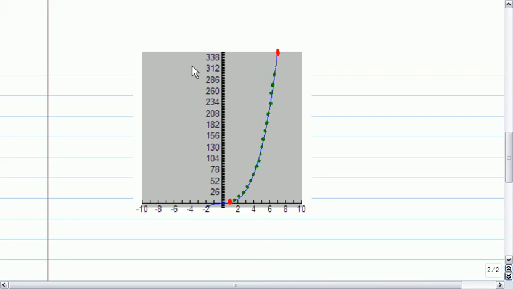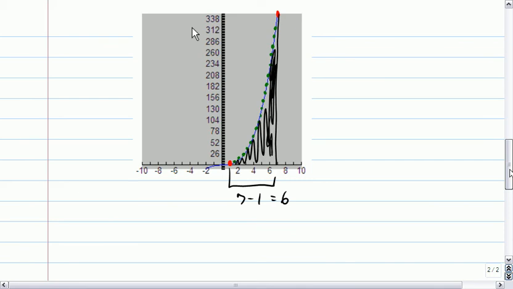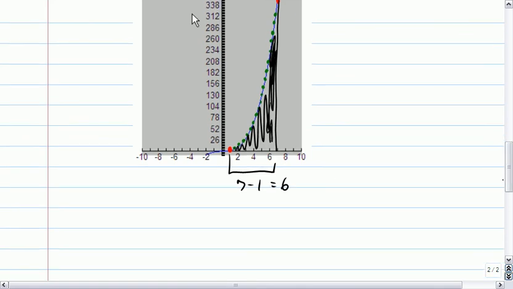Okay. So symbolically, if you wanted to calculate that average y value from 1 to 7, you'd take this area and divide it by this distance. Well, 7 minus 1, that's 6. So I need that area divided by 6. Well, we know about area.